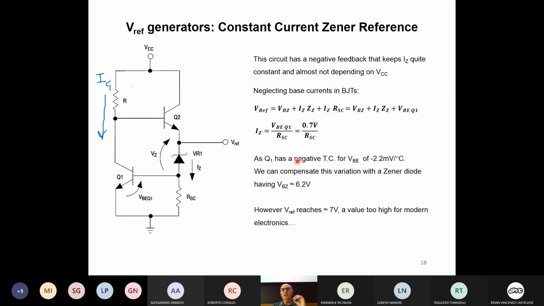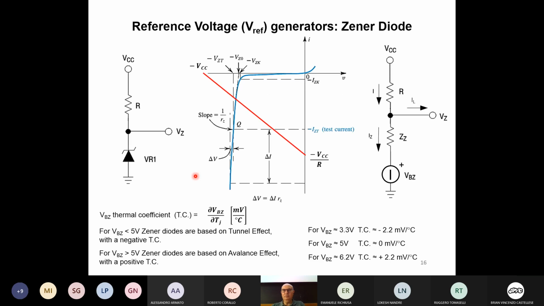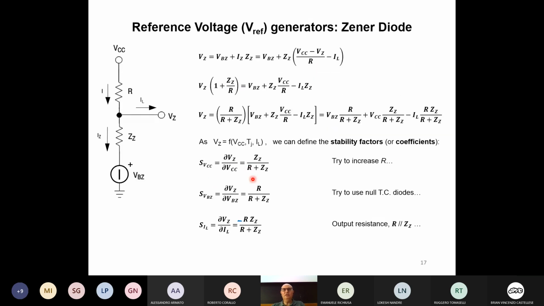So if we do this, the current through IZ is stable, and we know that if the current through IZ is stable, the output voltage is stable. That was basically what we saw when we studied this part here, the sensitivity to VCC.